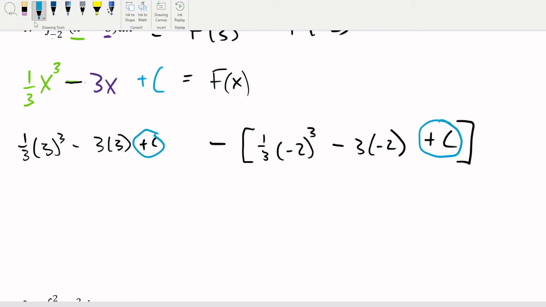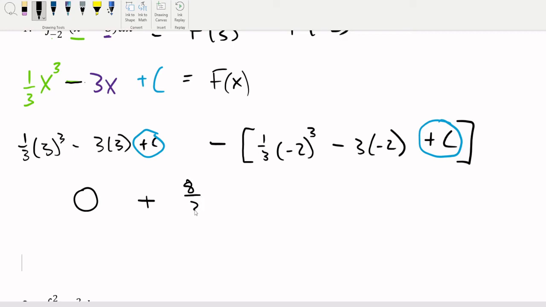But in any case, you just go here. So this is going to be 3 cubed, but then there's a 3 here, so that's going to be just 9. Minus 9, so that first piece is actually just 0. Minus. And then we've got to do this one. So this is -8 over 3, but it becomes a positive. So just really watch out here with these pluses and minuses.